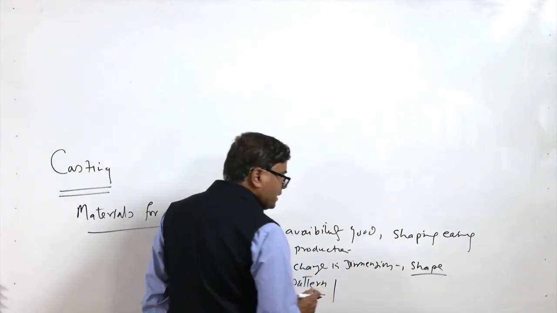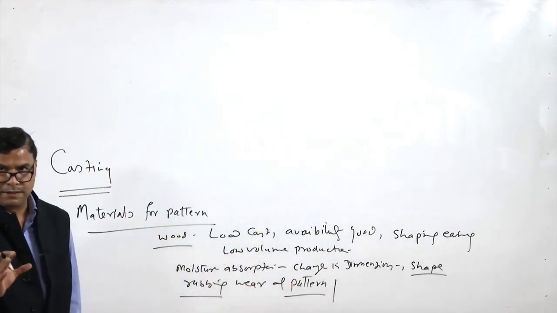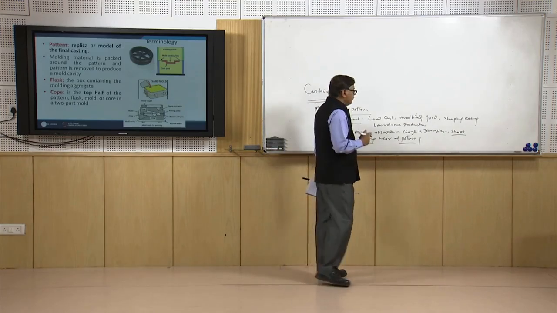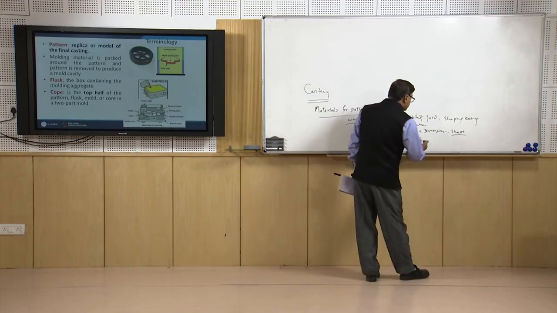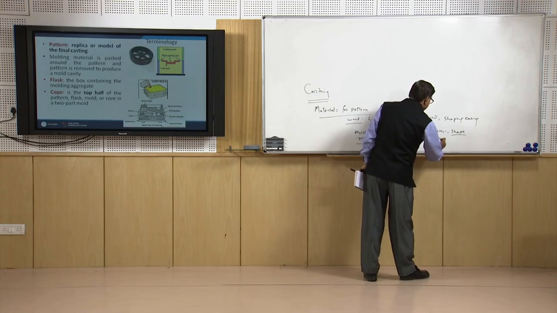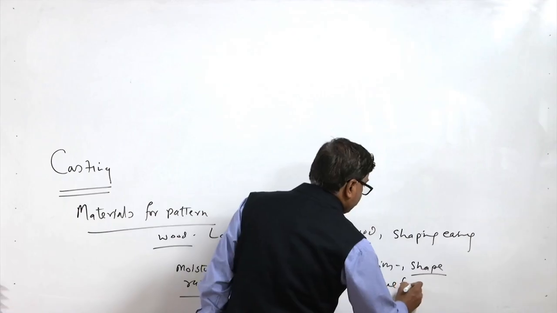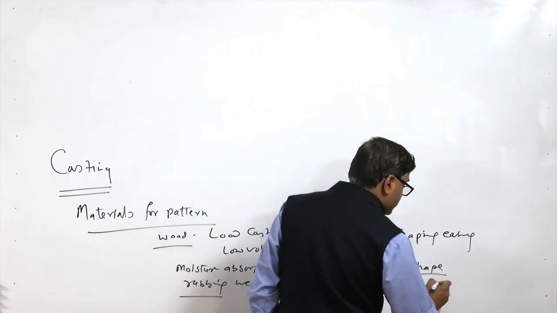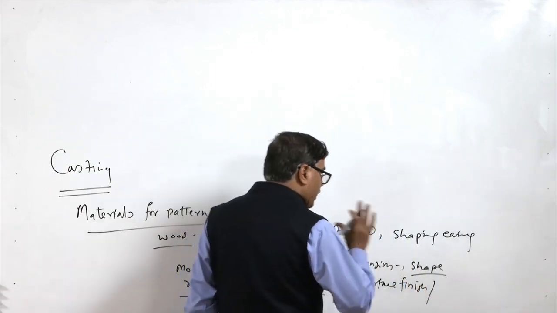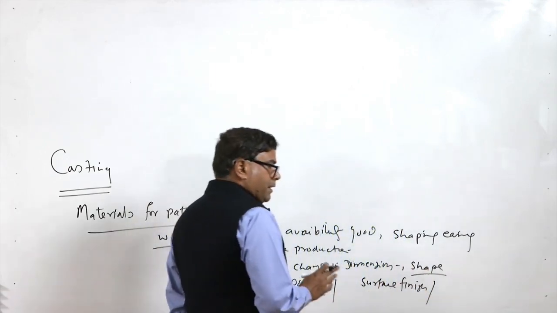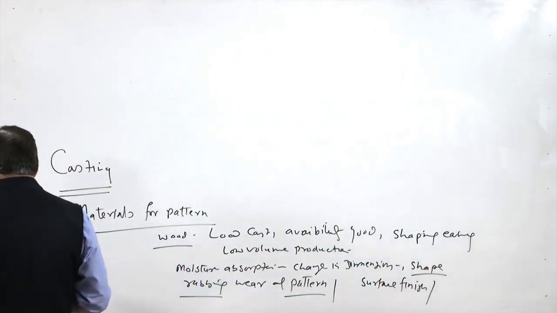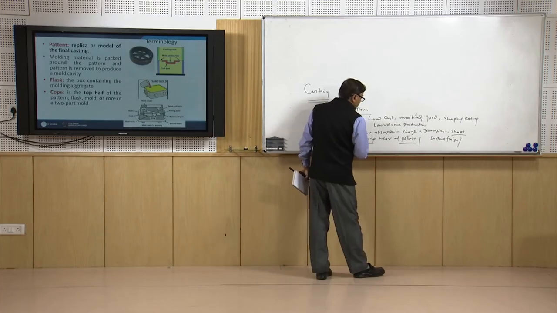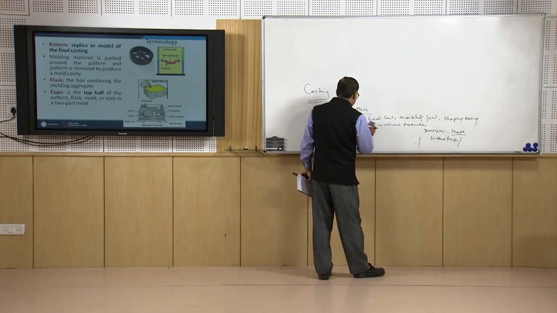So, we can say that the stability in terms of the dimensions and the shape of the wood pattern is poor. Also, the surface finish and the dimensional accuracy which is achieved in the casting is poor in case of the patterns made of the wood.